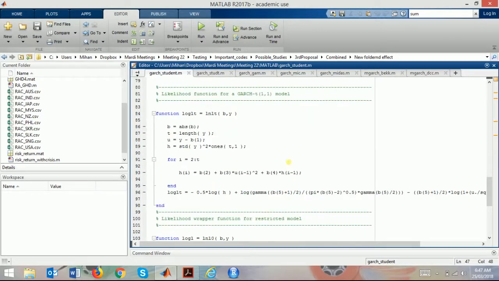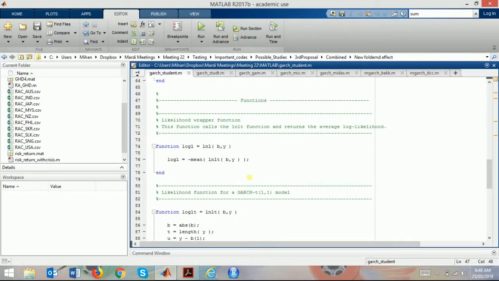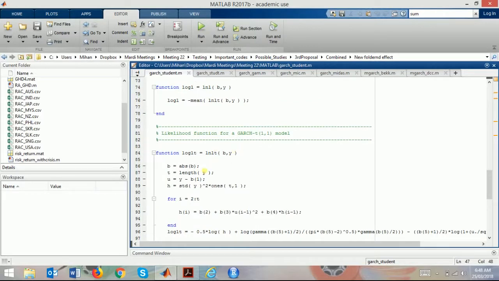Okay, so the GARCH model. First we start with the GARCH model. Then first is unrestricted, then restricted. So log LT by b, and all thetas will be in absolute value. We expect all thetas to be in absolute value. T is obviously the number of observations we have. u is equal to y minus beta 1.